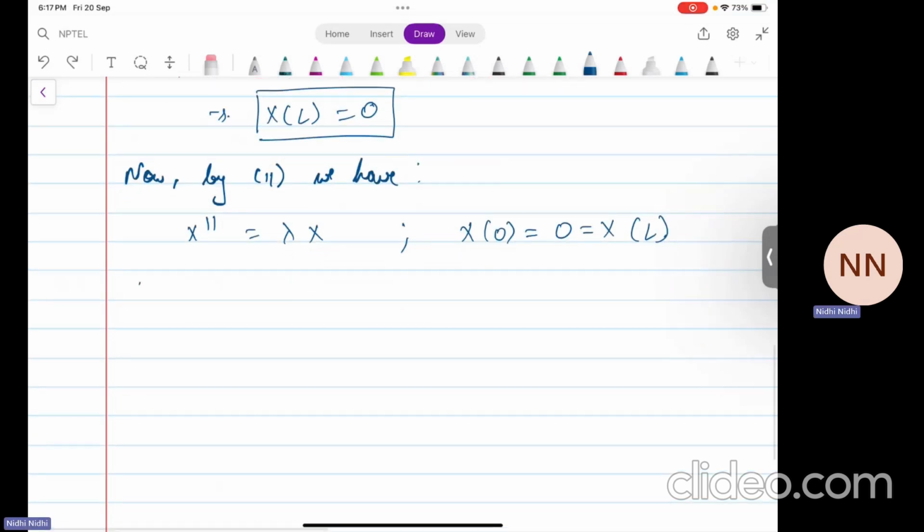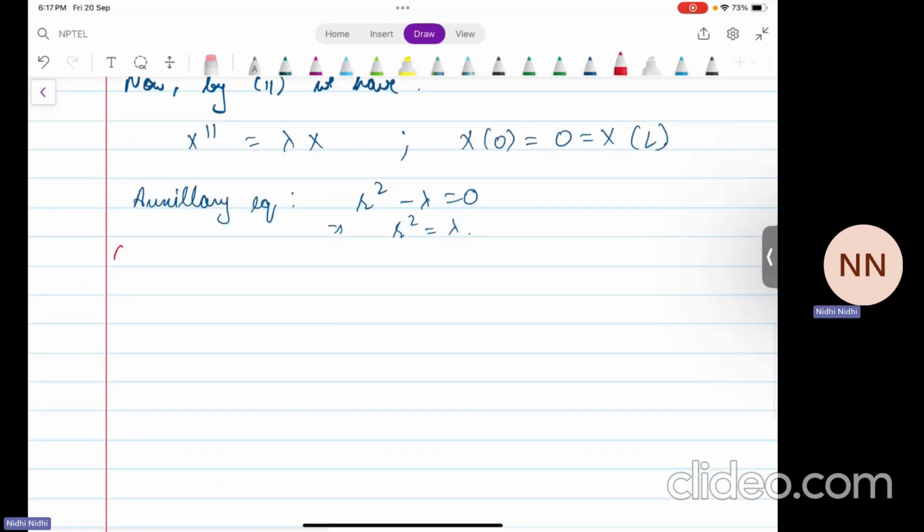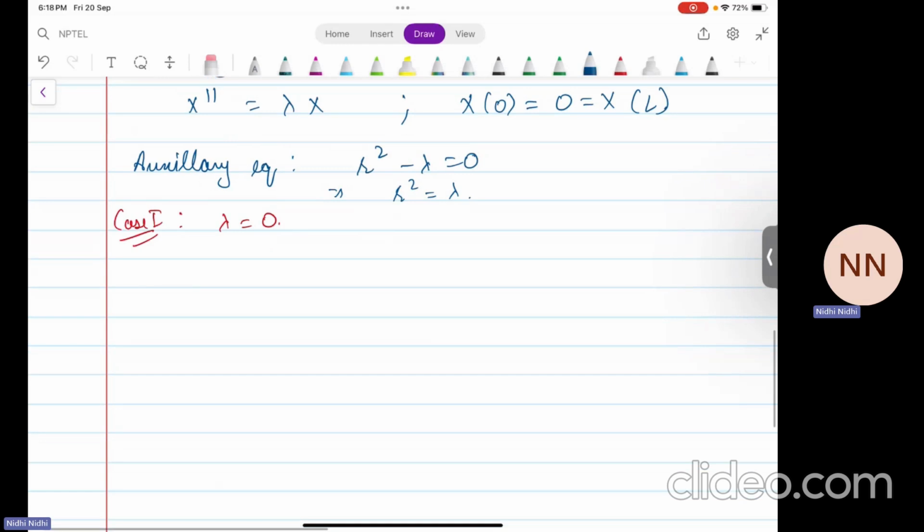The auxiliary equation corresponding to this equation is r square minus lambda equals 0, so r square is equal to lambda. We'll have case 1 when lambda is equal to 0. In this case, we get r is equal to 0, 0.